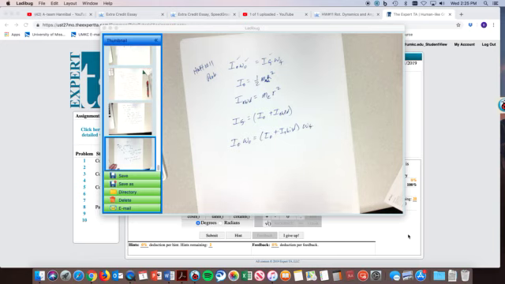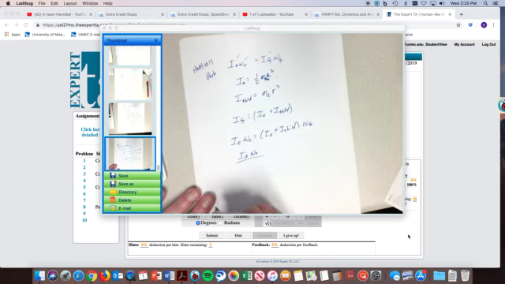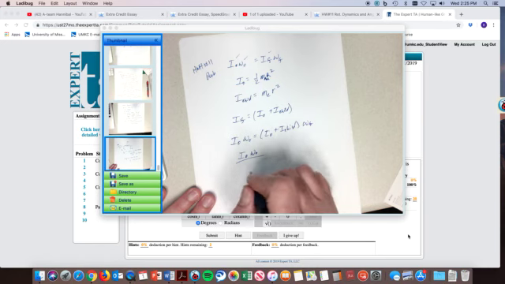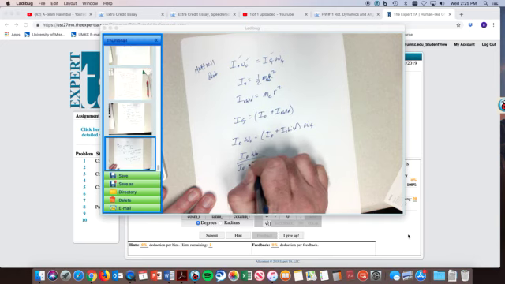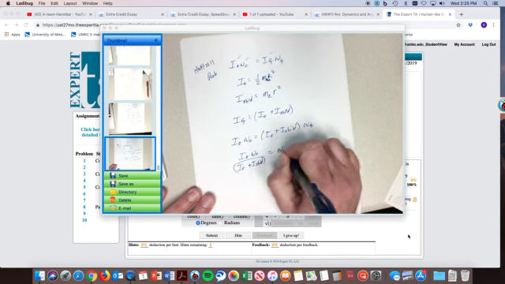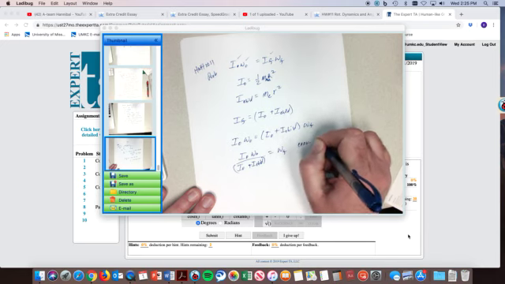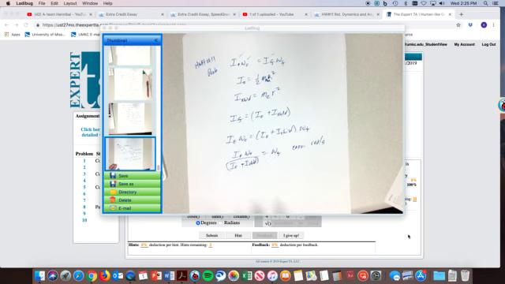So I've got I naught omega naught divided by I naught plus I of the child, and that equals omega final, and then we'll convert to radians per second, and we're done. The rest is just punching in on the calculator.